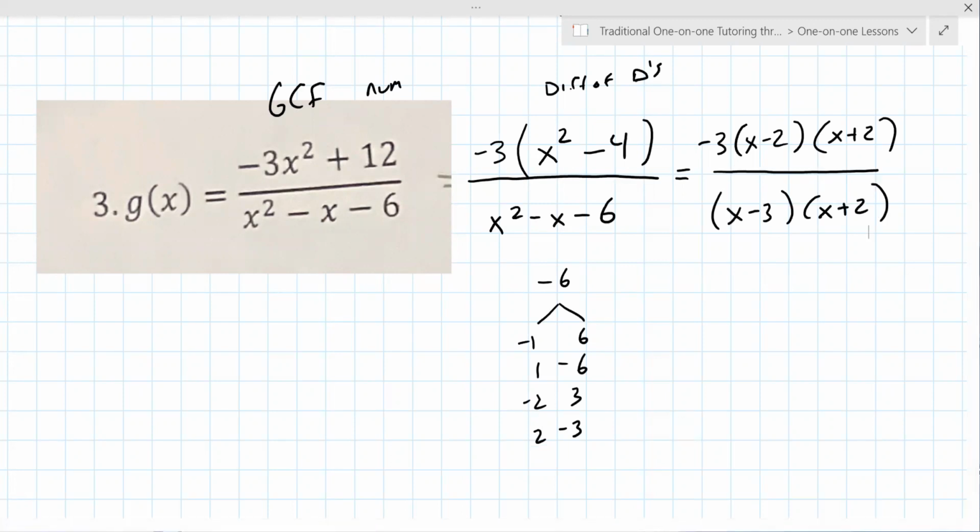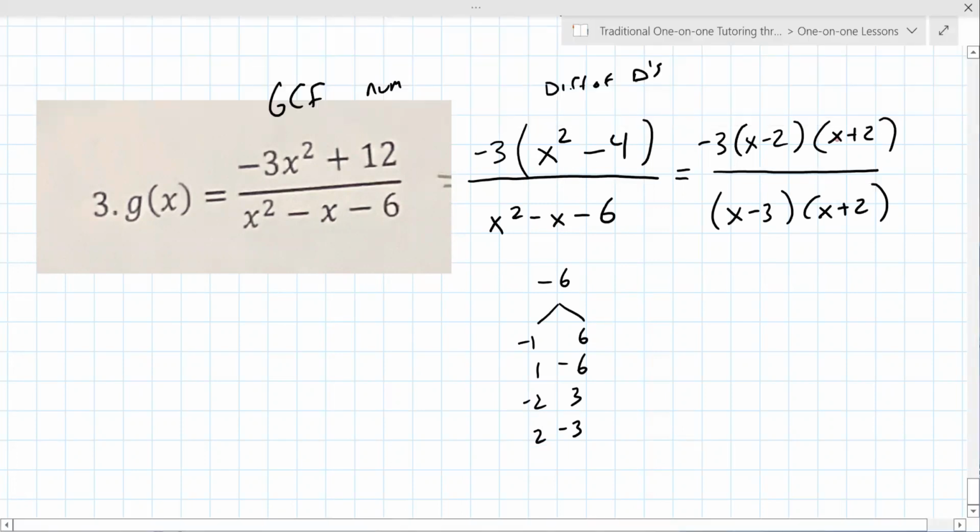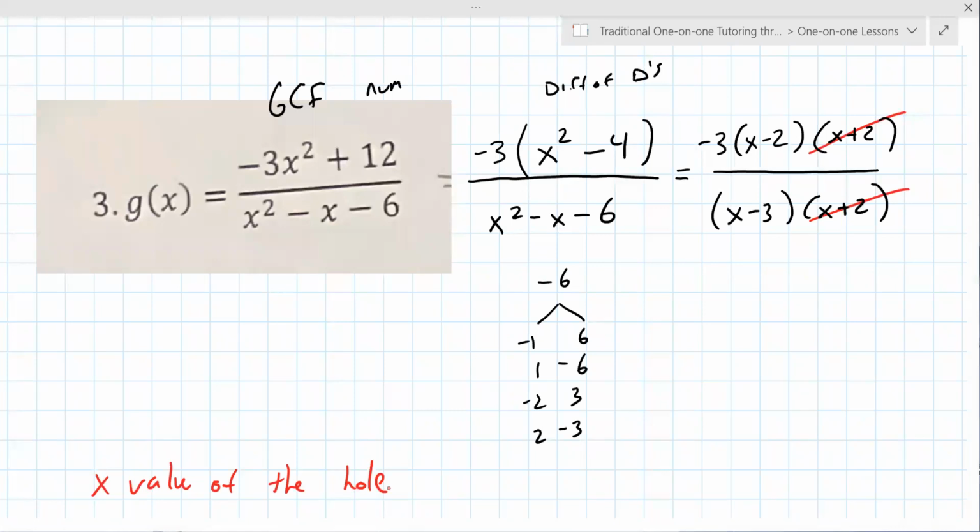Since we don't have a ton of time here, we can run through some of this. What is the x value of the hole? It would be -2.